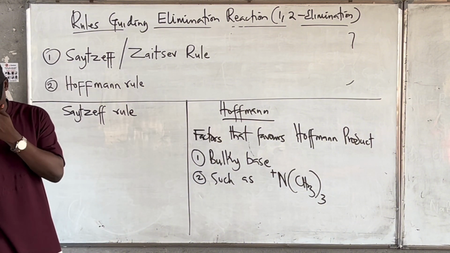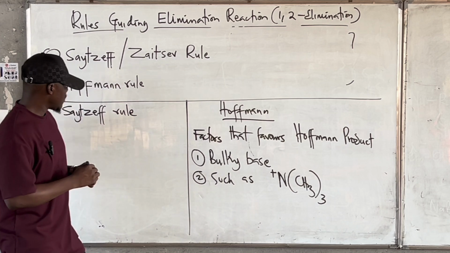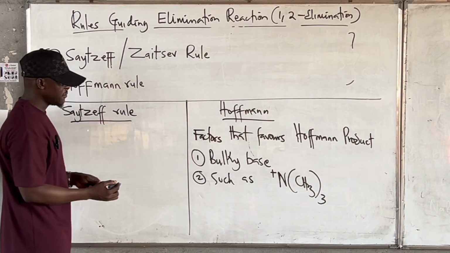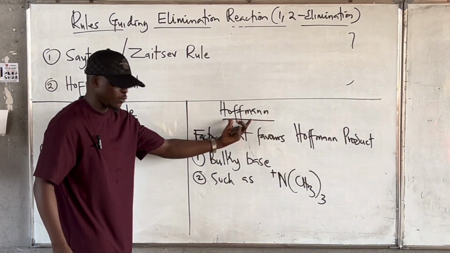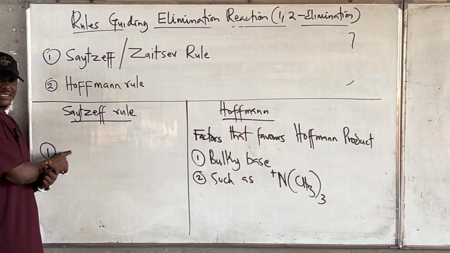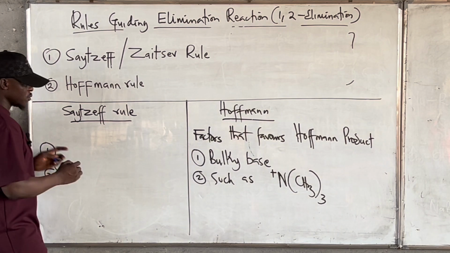So these are the two major factors. If you're comparing Saytzeff with Hofmann, and a bulky base favors Hofmann, which type of base will favor Saytzeff? Less bulky, right?